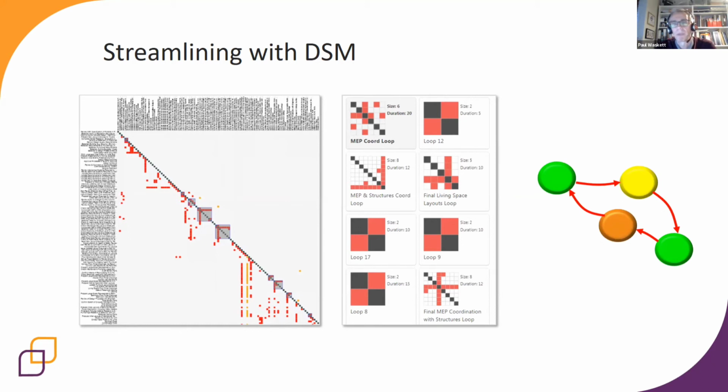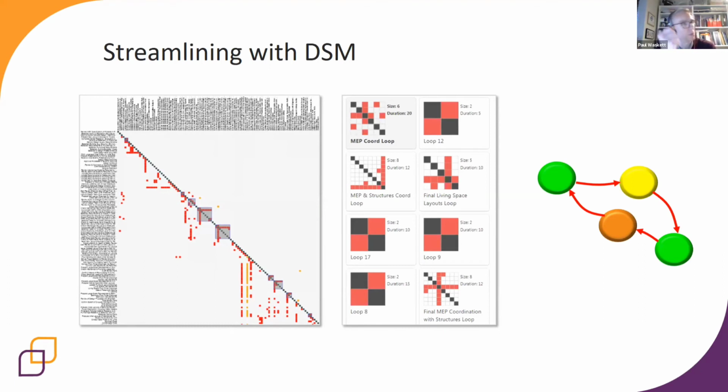And what we find is that those clusters of activities on the diagonal, those areas of interdependence and iteration, strongly correlate to elements of the project that require a close coordination, such as where we have physical interfaces between systems or components. So this is where you start to see that there is some sort of relationship between the process DSM and the product DSM. But this is definitely what we're looking at here is a process DSM.